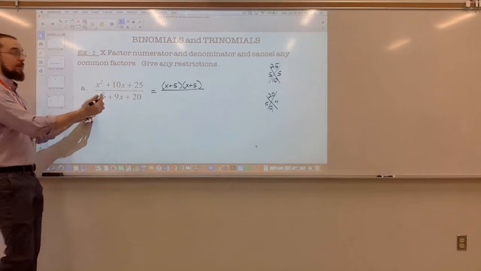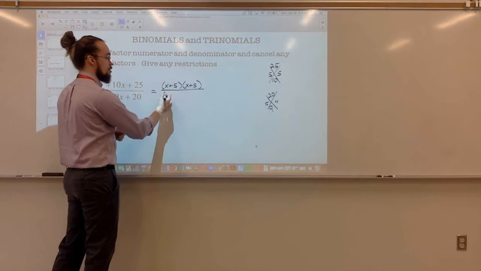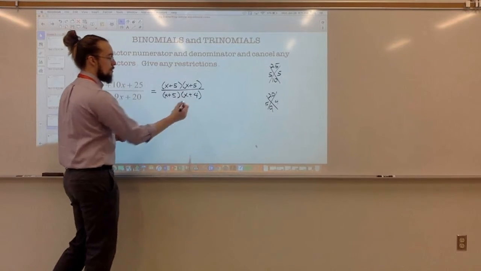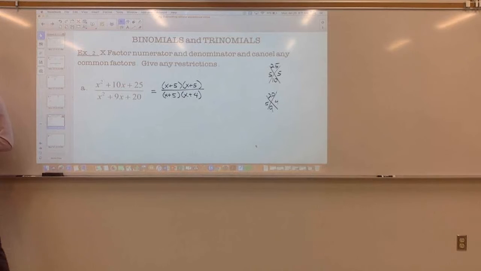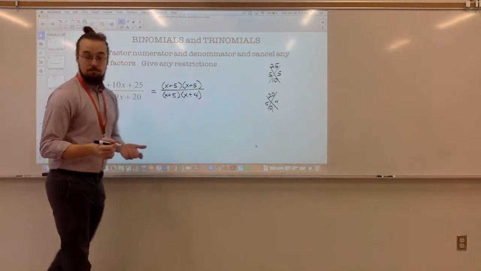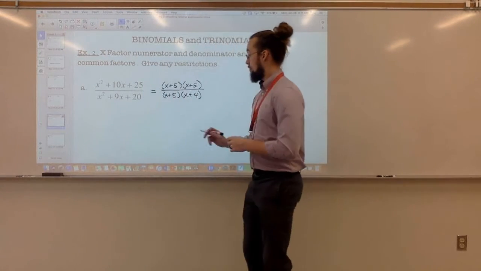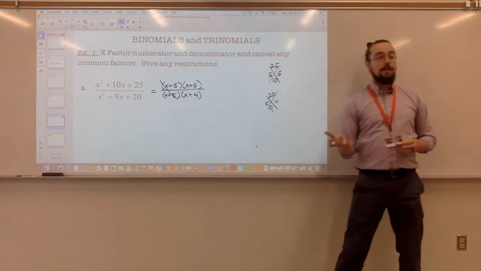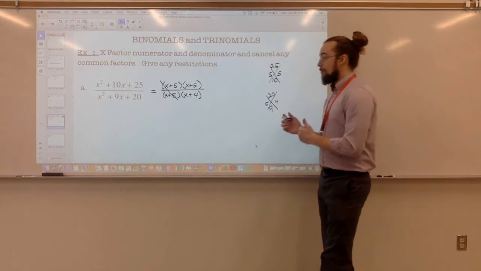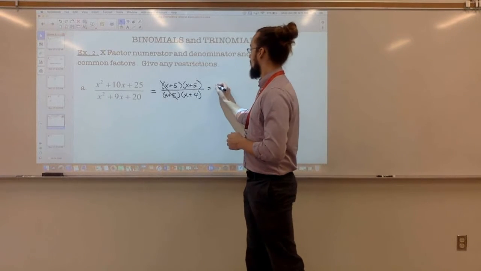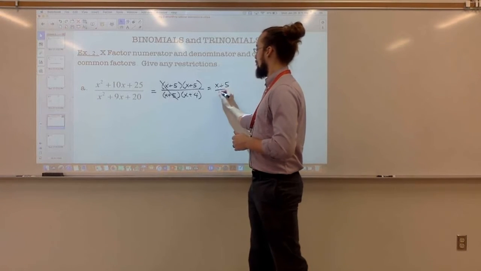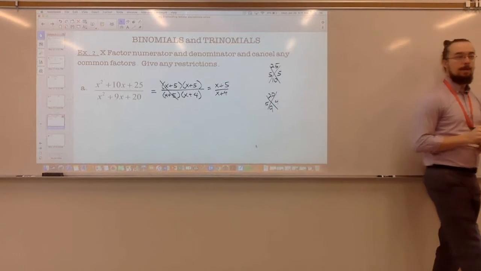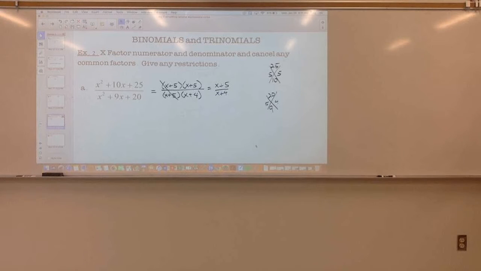That means I can go straight to factors. So what that means is I'll have x plus 5 times x plus 4. We can cancel. I can cancel one of these pairs of x plus 5s. So I'm just left with x plus 5 over x plus 4. You okay with that?